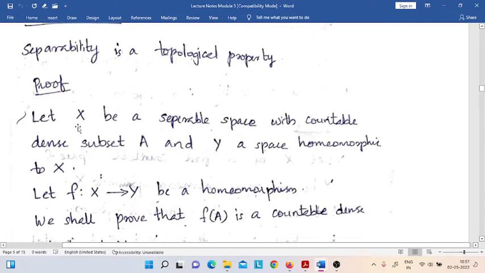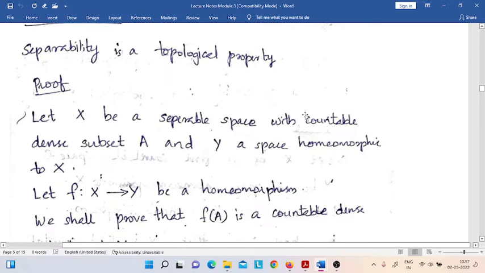It is given that X is a separable space. We begin with the supposition that X is the given space, and that it is separable. When can we say that the space X is separable? You have to state that now.